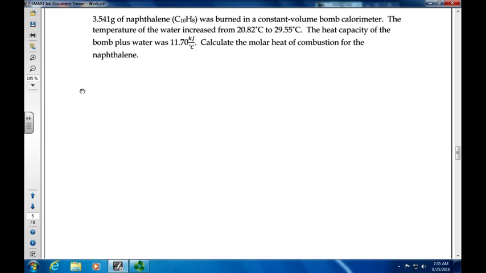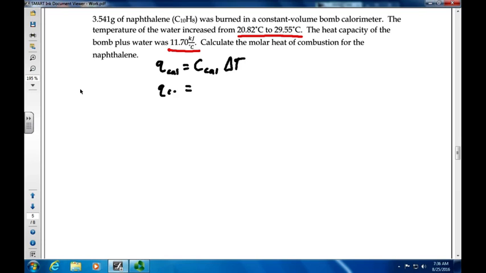In doing this, you're going to want to start by identifying the formula. In this case, we're dealing specifically with a bomb calorimeter, so you're going to want to use the formula Qcal is equal to Ccal times delta T, the change in temperature. Our Ccal is given right here, and our delta T is the difference between these two values.